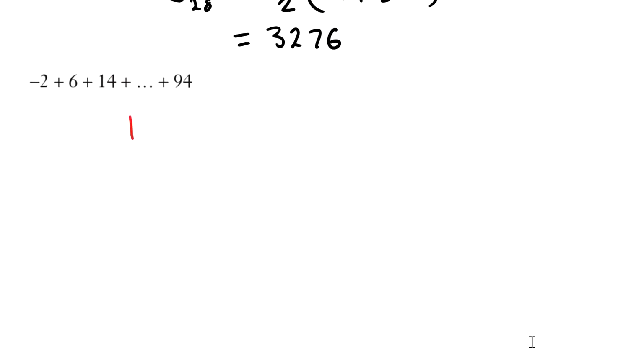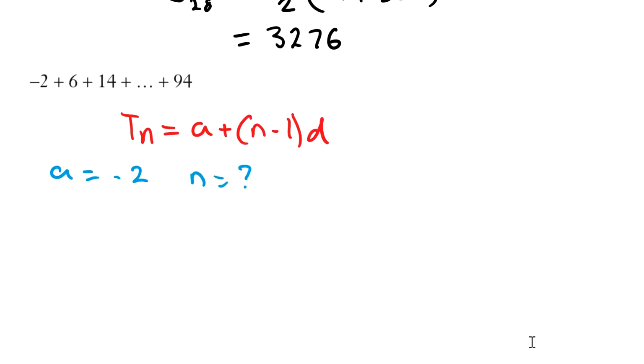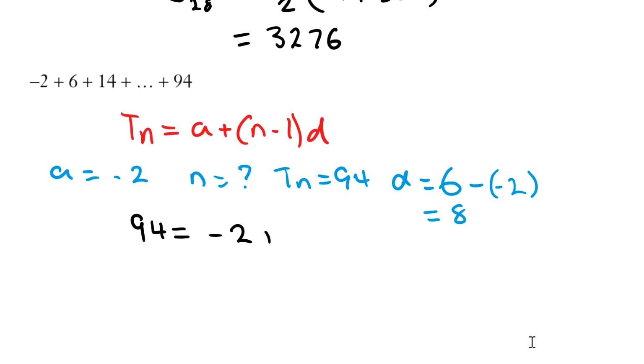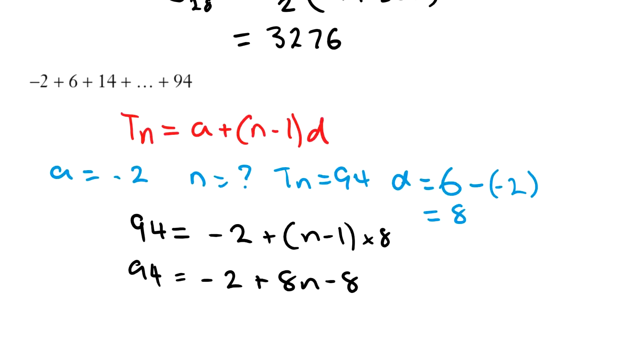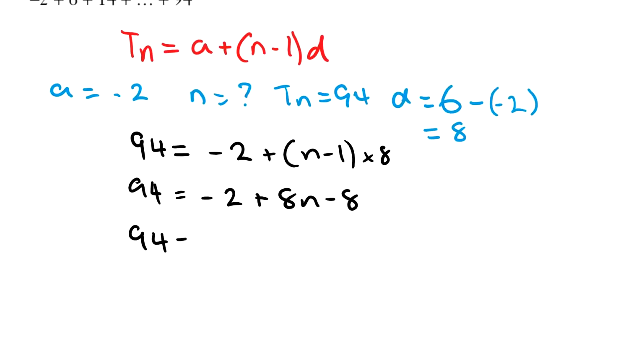Alright, and we're going to do the same thing here. We don't know what n is, so we find the term number first. We know a is -2, n we don't know, Tn is 94, and d will be 6 take away -2, which is 8. We'll expand the brackets. We'll simplify it down.